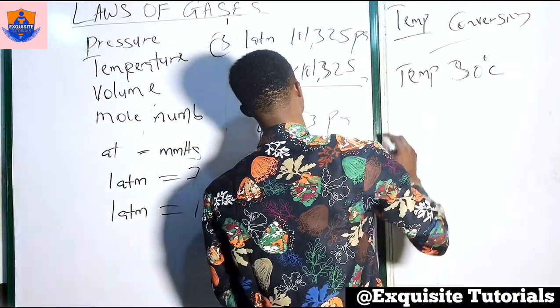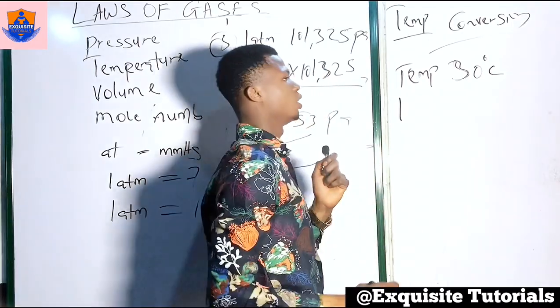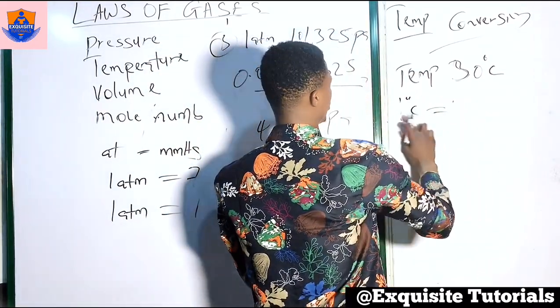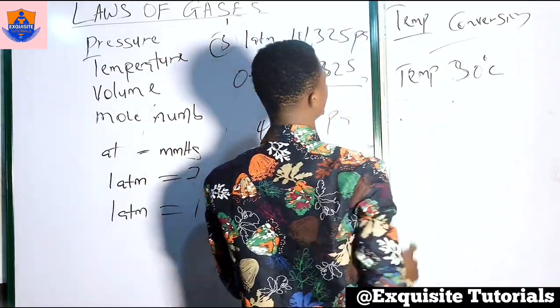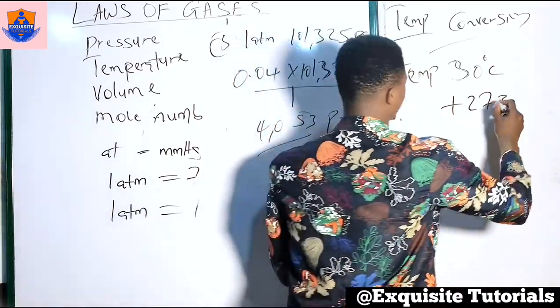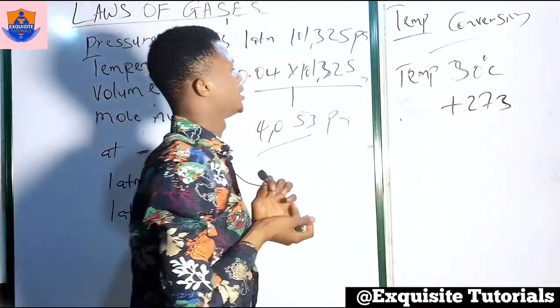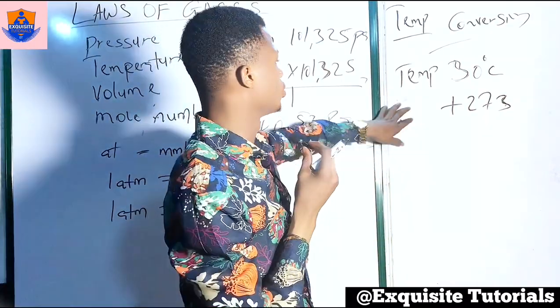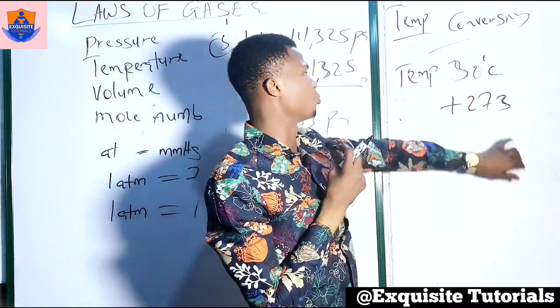To convert, what you do is just add 273, which is to say that 0 degrees Celsius will give us 273 Kelvin. So to convert, just say plus 273.